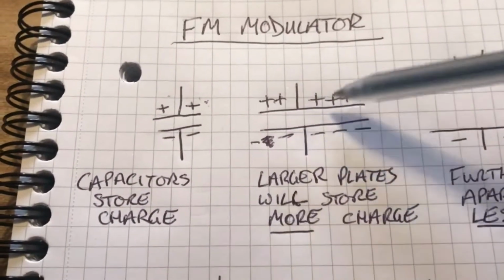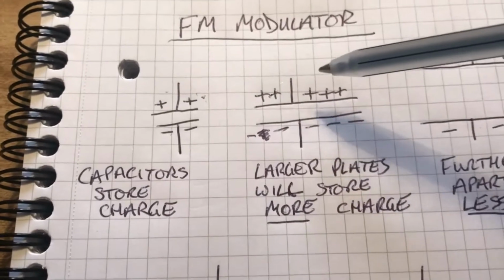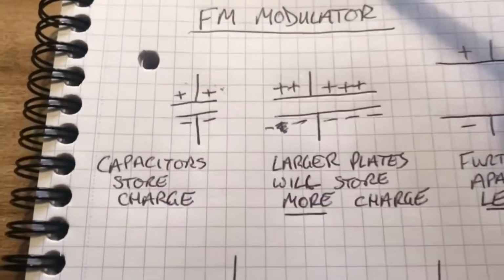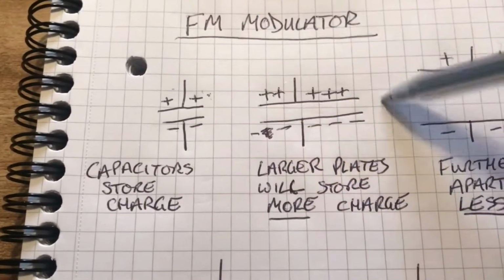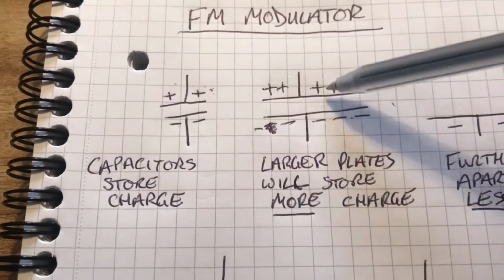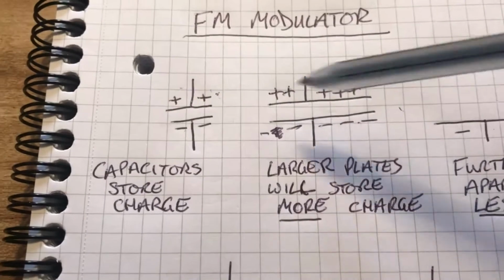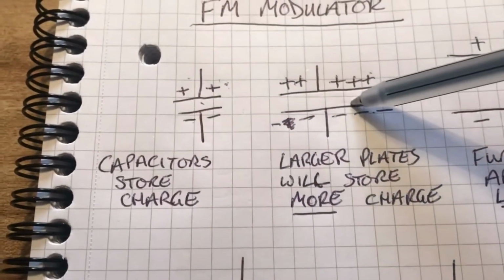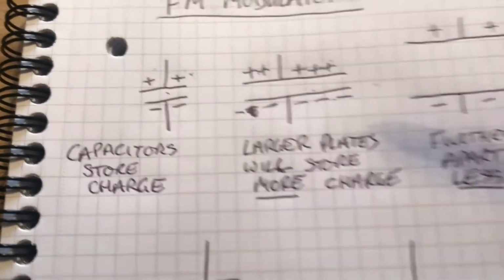With it being bigger, you will have a larger charge held. With more surface area, there are more positions available for them to sit across from each other, and therefore they will fill up with more charge. So less charge with a smaller plate, more charge with a bigger plate.